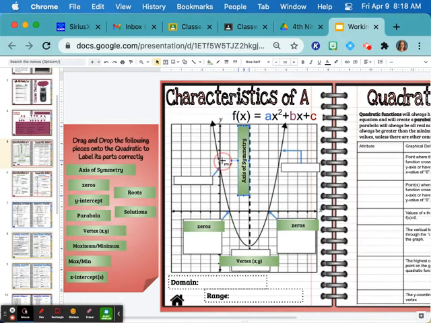You can turn it using that pivot point. Y-intercept, where it crosses the y-axis. Looks like it's at 1, 2, 3, 4, 5. So 0, 5.